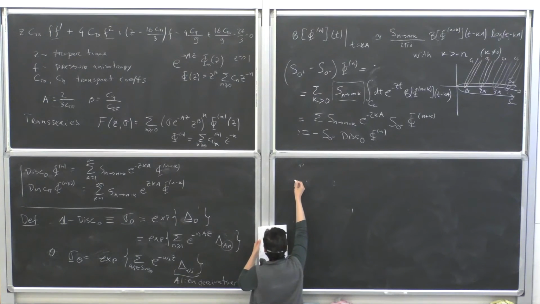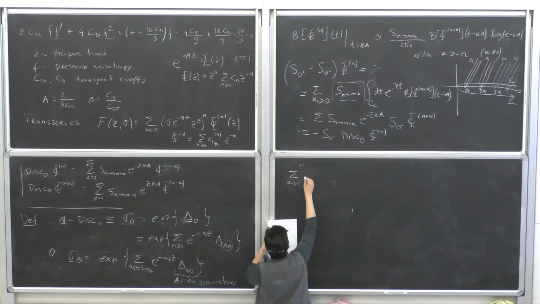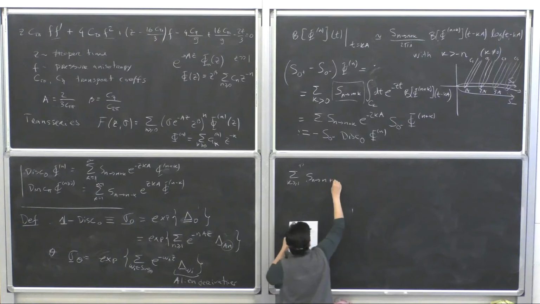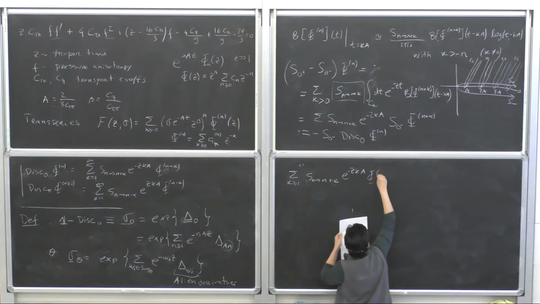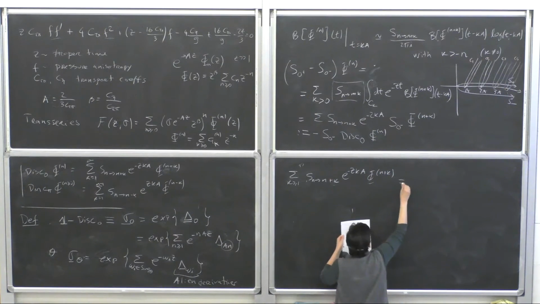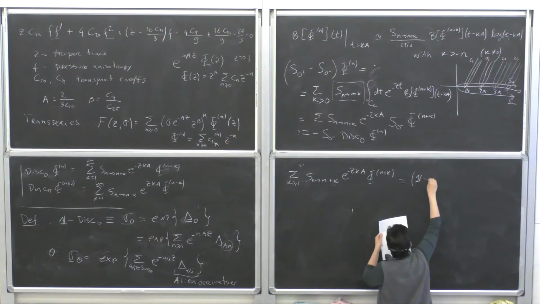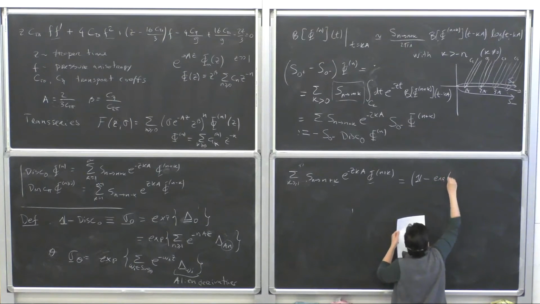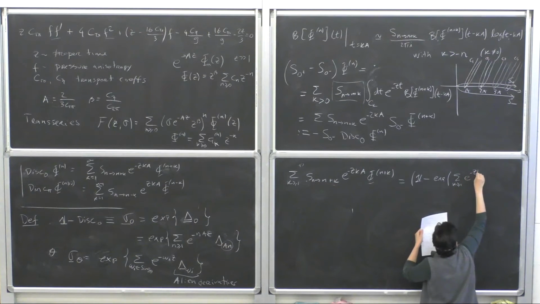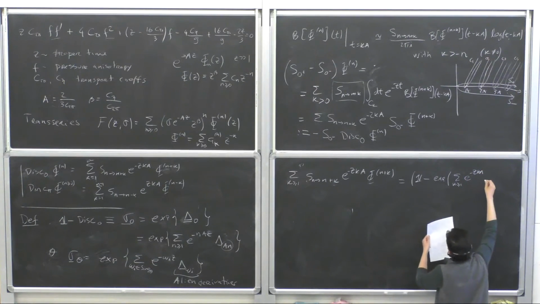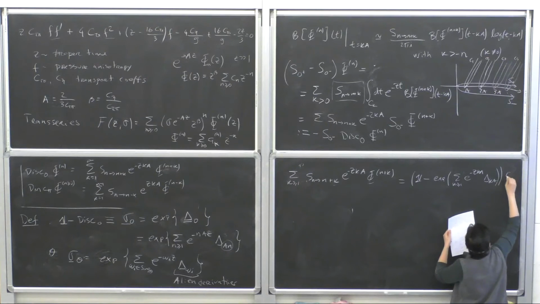So what we have is that the sum over k greater or equal than 1, S n goes to n plus k, e to the minus z k a phi of n plus k is equal, using the definition of the Stokes automorphism, to 1 minus the exponential of the sum over k greater or equal than 1 of z k a delta k a, acting on phi n.